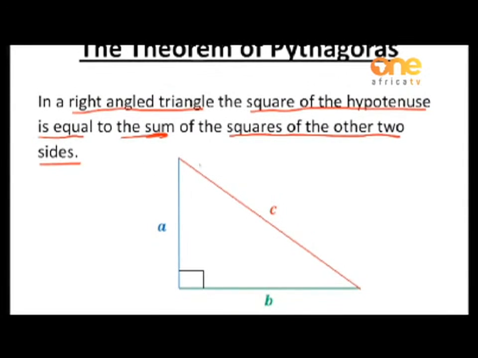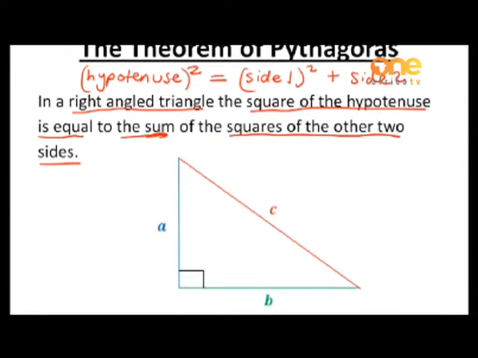So what this means is the hypotenuse squared is equal to the sum of the other two sides squared. So side 1 squared plus side 2 squared.